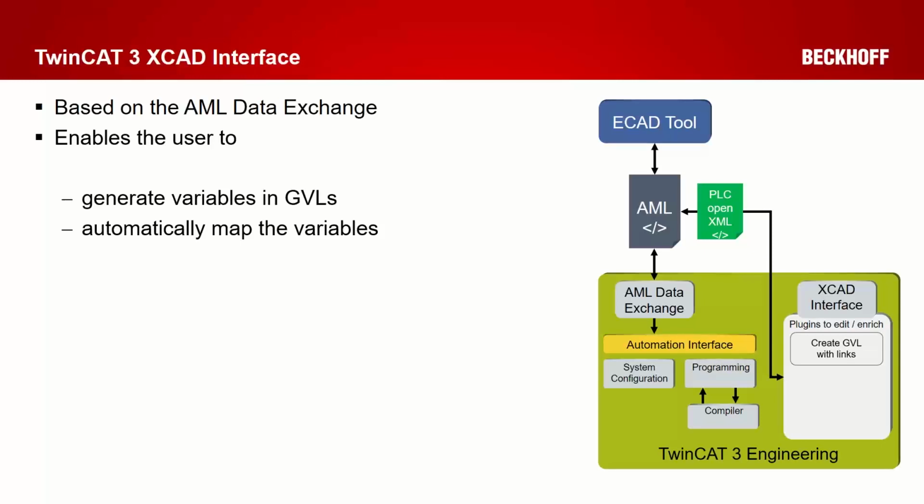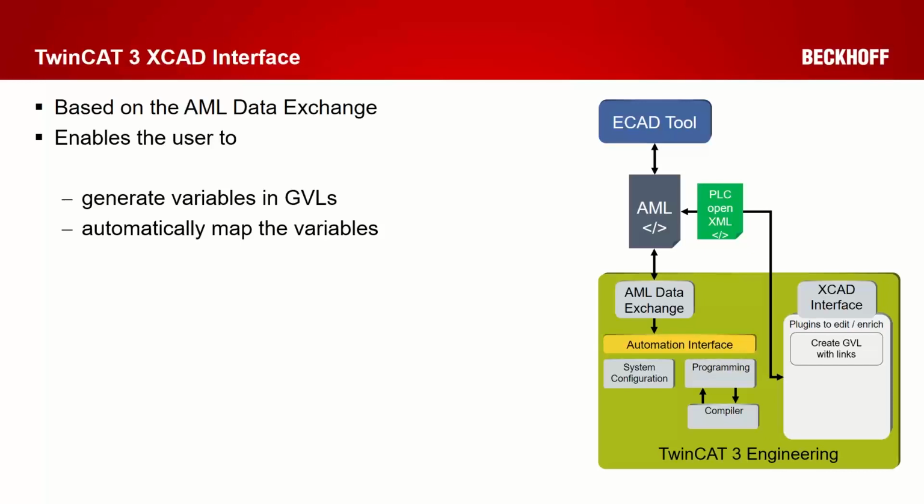And this is actually based on an information which is added to the AutomationML file. It is based on so-called tag tables. Since this exchange format, it is possible to add further information on the ECAD tool side, which is more or less a description of variables for each of the channels you are configuring.